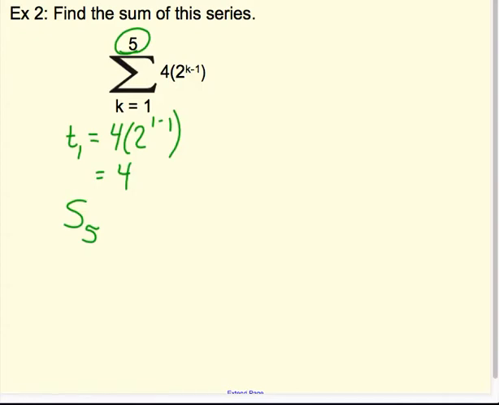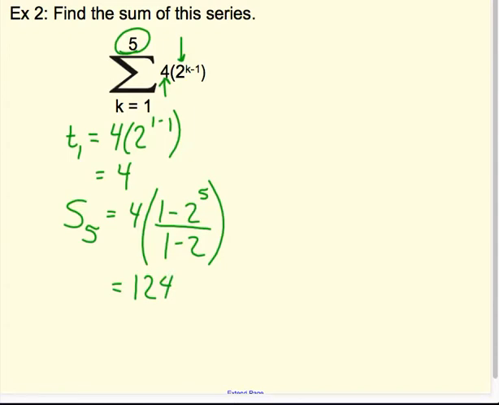And we need to know the common ratio. Remember, the base of your exponential is the ratio because it's the first term times the ratio to the n minus 1 power. So our sum is 4 times 1 minus 2 to the 5th power over 1 minus 2. So when we punch this into our calculator, we get a sum of 124.